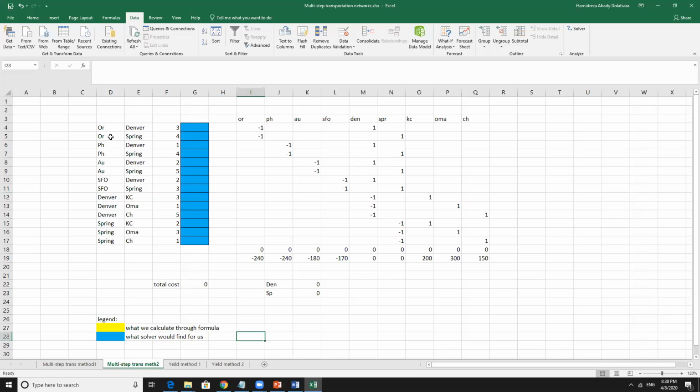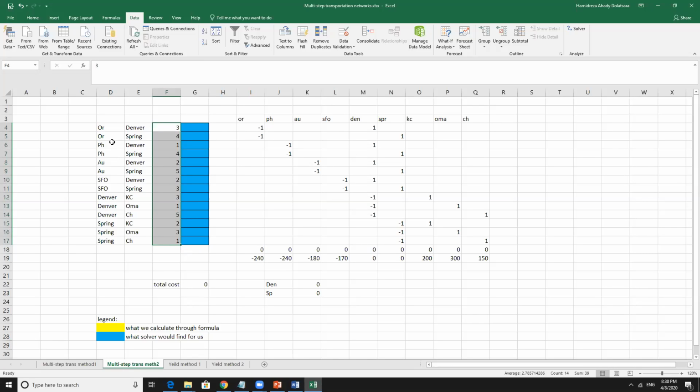For example, from Orlando to Denver, -1 means outflow, and Denver was a warehouse, so the cost of transportation is 3.